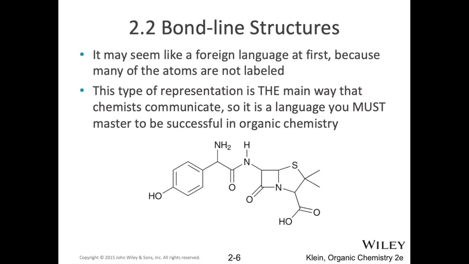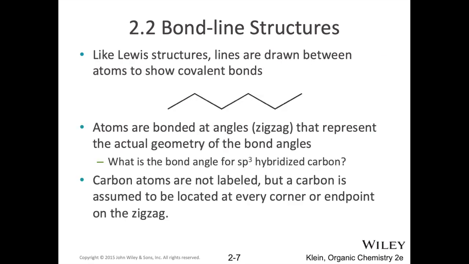But just like with any language, once you train yourself to recognize these things, you start thinking in terms of these structures, and recognizing them becomes natural. Part of becoming an organic chemist or learning to do organic chemistry is getting comfortable with this way of representing molecules.